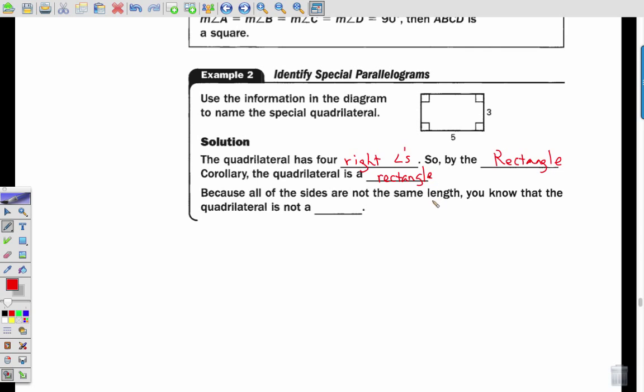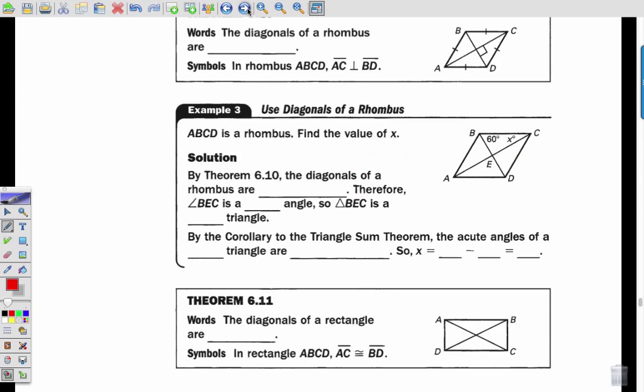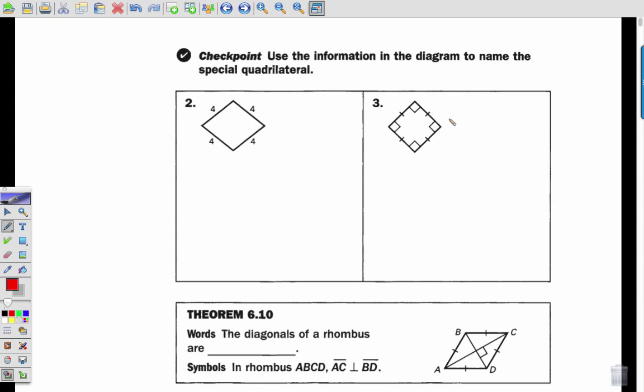And also because all of the sides are not the same length, you know this is not a square, right? If they're the same length, I would have got a square. And because they're not the same length, I know it's just a rectangle. It's not a square. So use the rhombus corollary, rectangle corollary, and square corollary. Use those definitions and finish your checkpoint here.